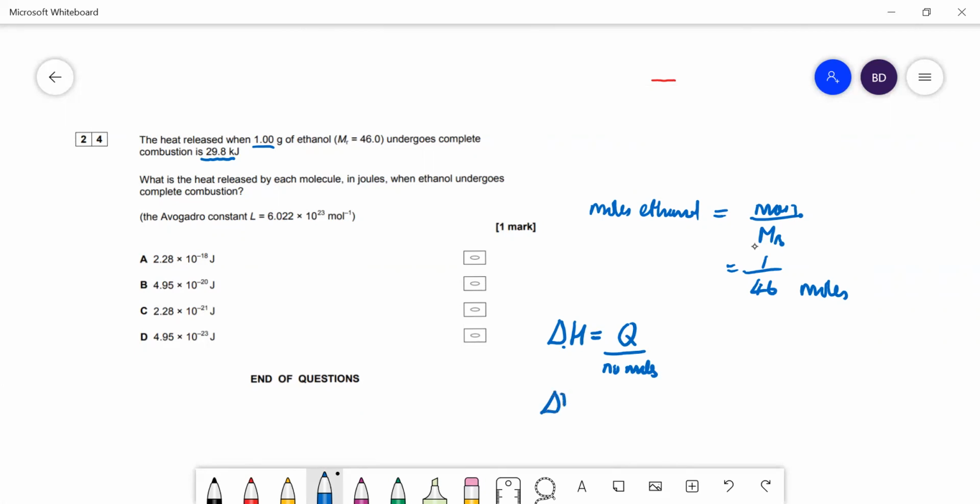So delta H, that's per mole, is Q. I'm going to convert it into joules. So that's 29.8 times 1,000 divided by the number of moles, which is 1 over 46.